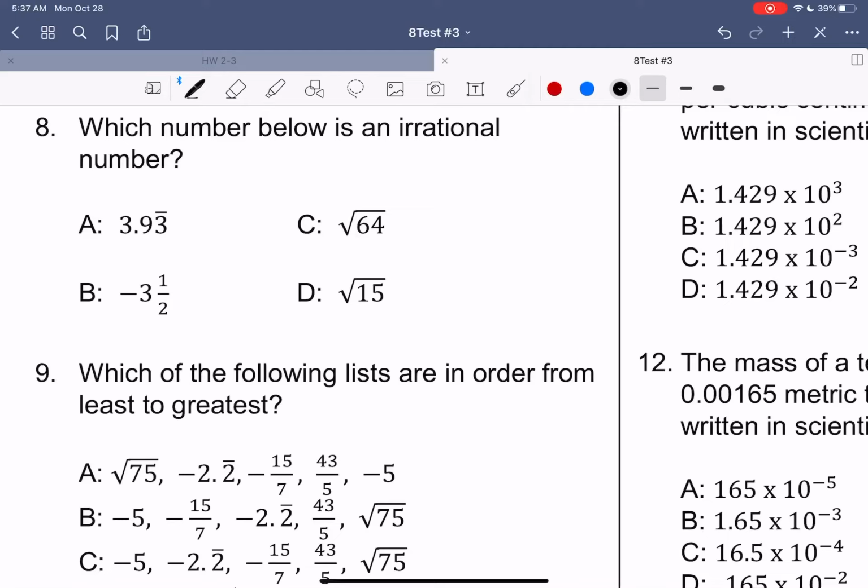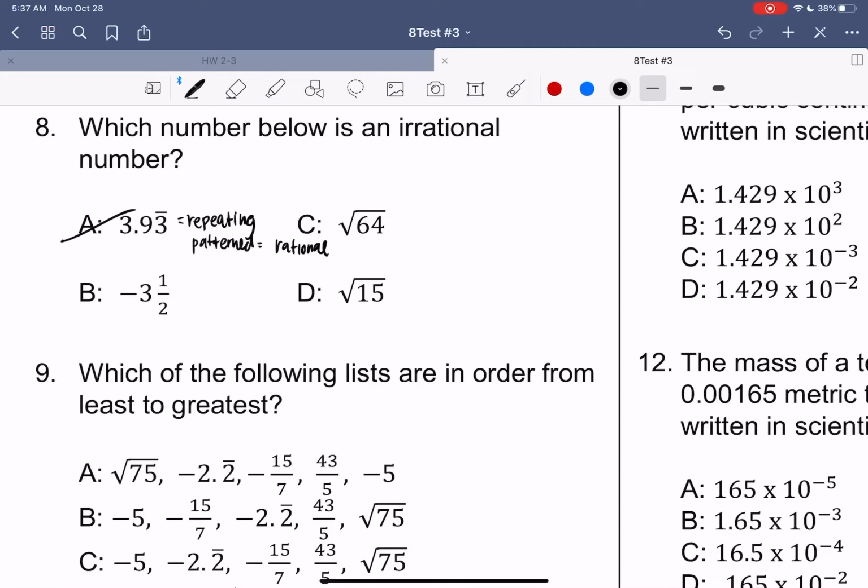So in the answer choices here, we have 3.93 repeating. So repeating, patterned equals rational.